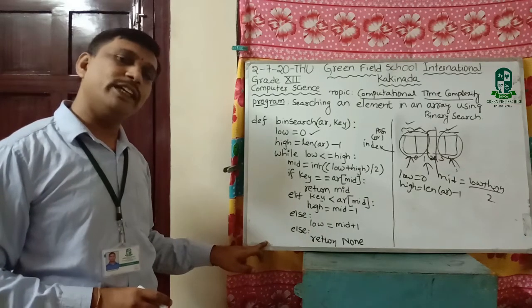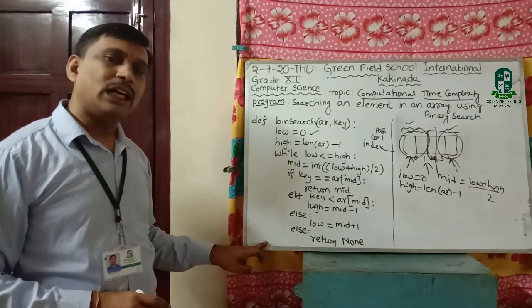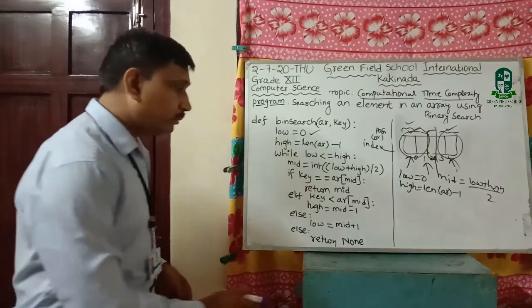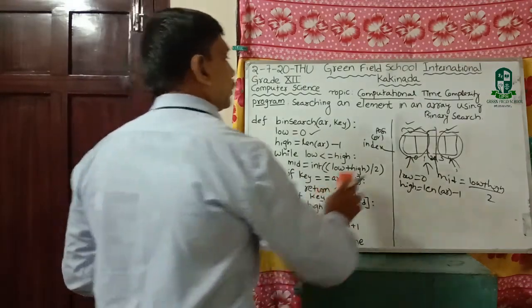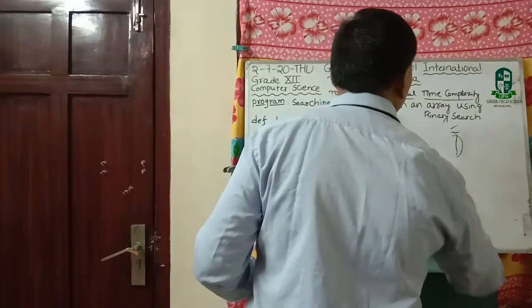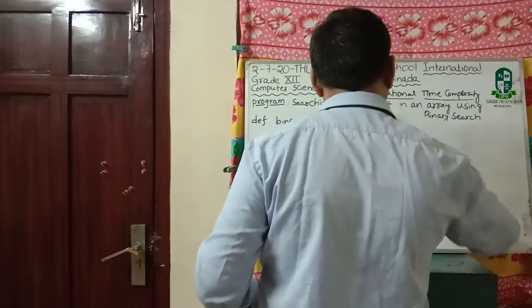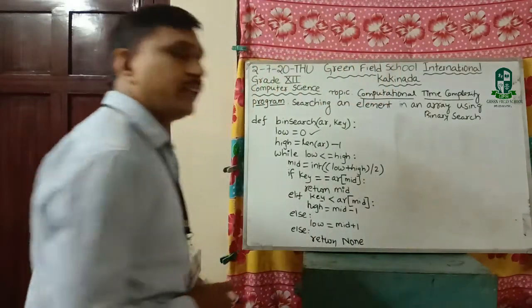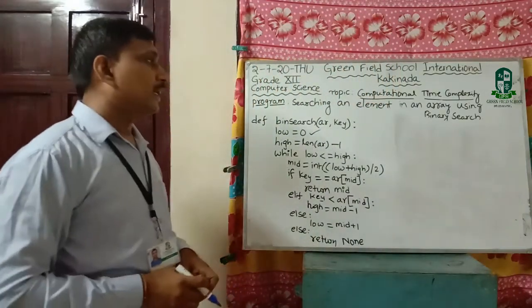Each and every time the size of the list is divided by 2, so n by 2 into k. So we assign the time complexities, and finally we calculate the order of n using this technique.